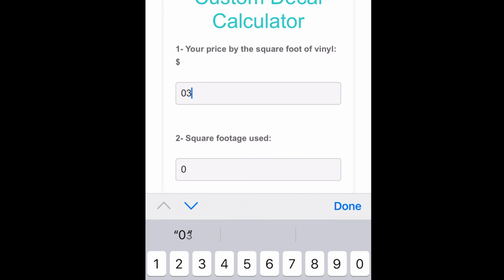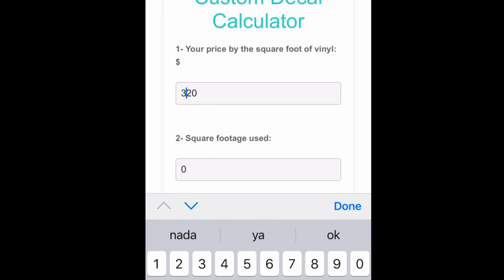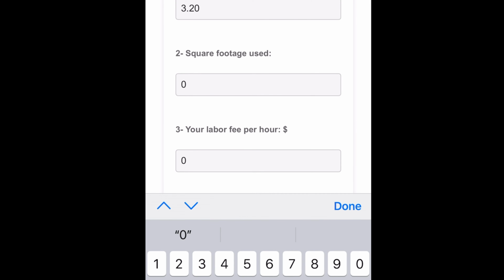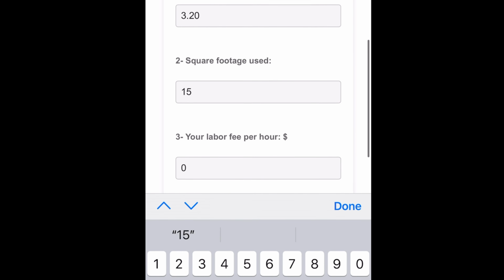It comes up to $3.20. All right, now the square footage used for the project. Now let's pretend that we are going to work on a medium-sized project that's going to require around 15 square feet of vinyl for the project, okay? Now, again, the instructions there, you can read the formula on how this one works.